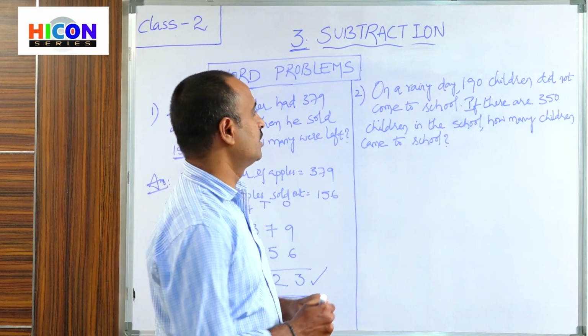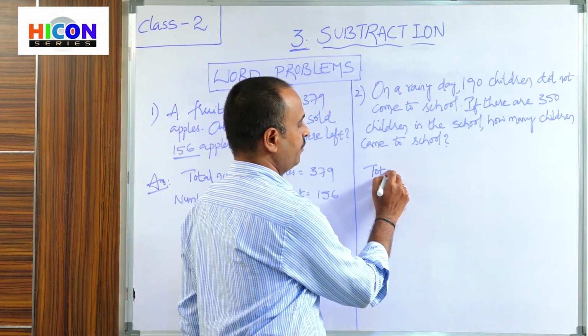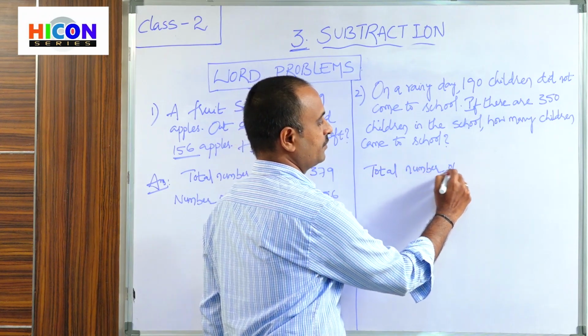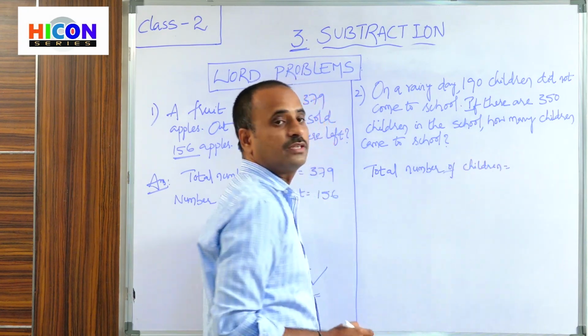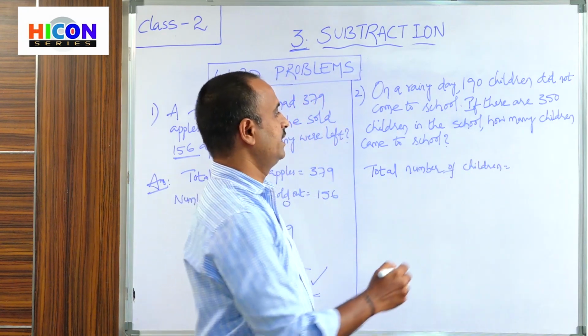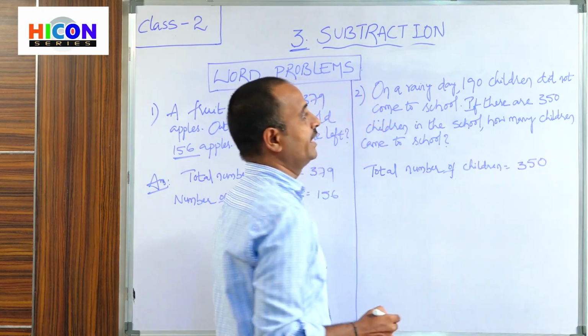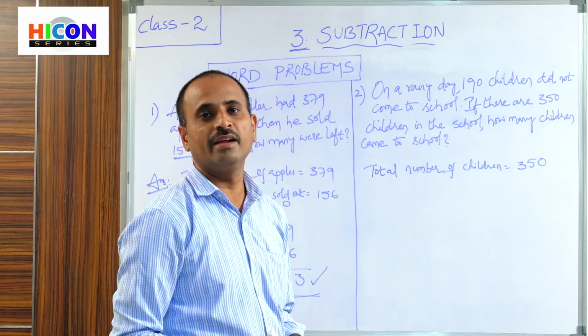So write the steps. Total number of children. So what is the total strength of the school? That is 350. And how many children did not come to school? 190.